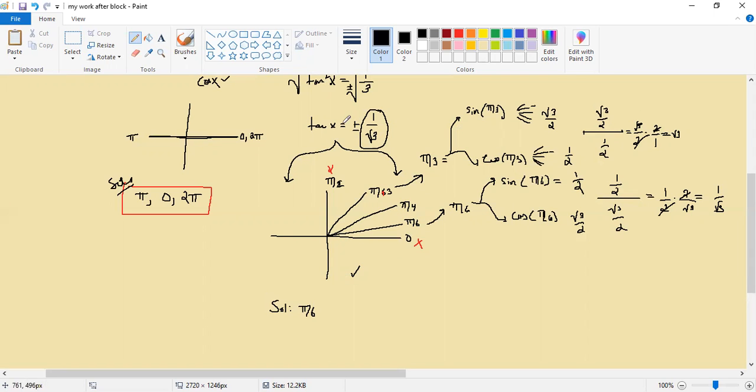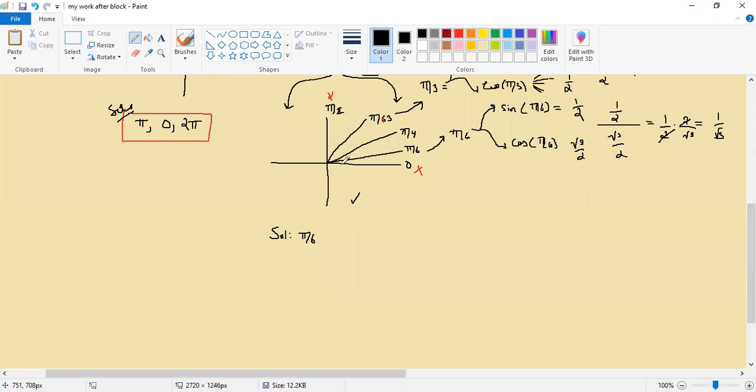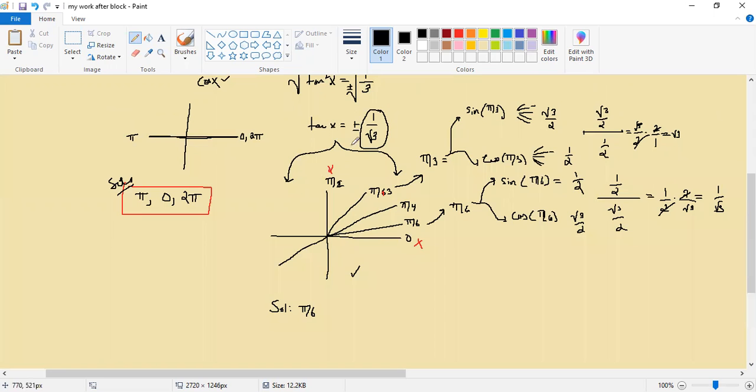So we discussed where the tangent of x can be positive 1 over under root 3, which was in the first quadrant at pi over 6, but it can also be positive 1 over under root 3 in another quadrant, because it will be in a quadrant where the sine is negative and the cosine is negative, because both of those would divide out and give us a positive 1 over under root 3.